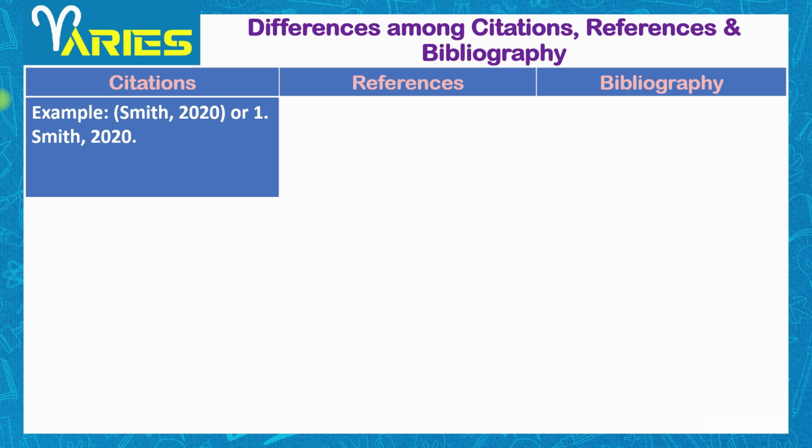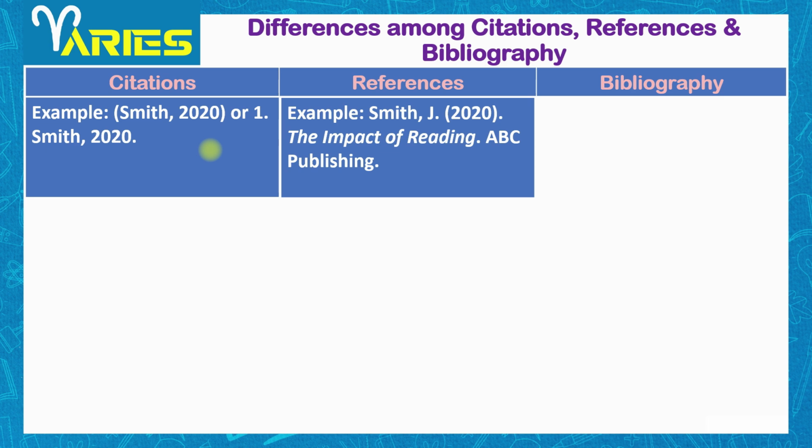As I said, it can be within the bracket or it can be numbered like this, 1 2 3 4. Okay. And then if we talk about reference, reference appears at the end of the paper. This is the example. You can see citation is very short. It is a very short detail, Smith 2020.